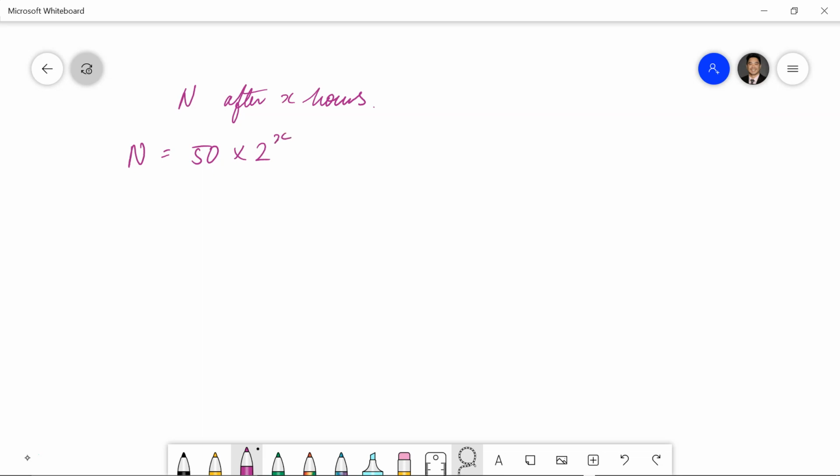This is our exponential function. First, find the initial number of bacteria.